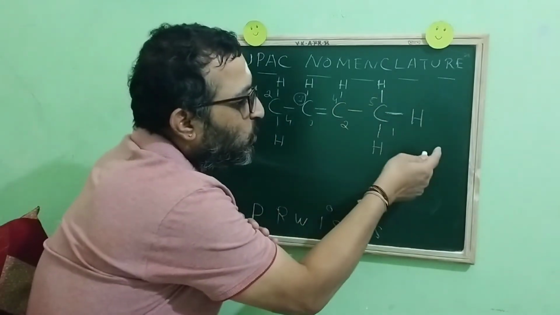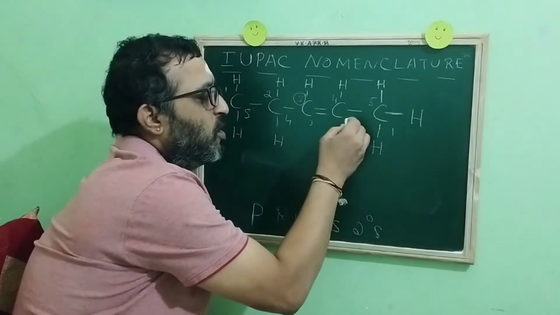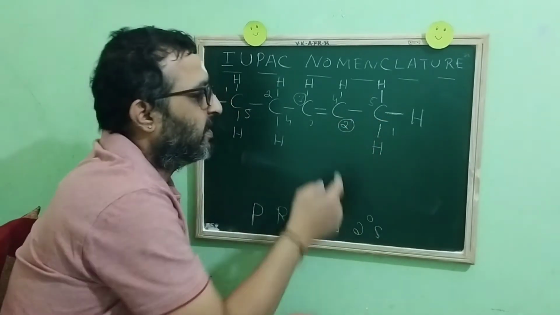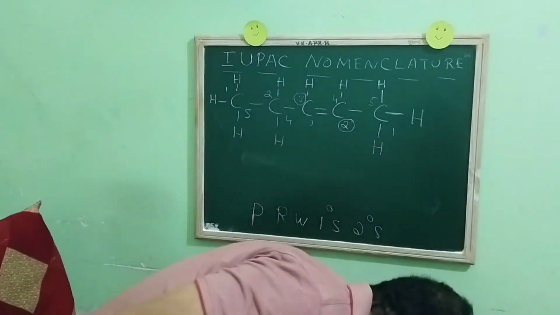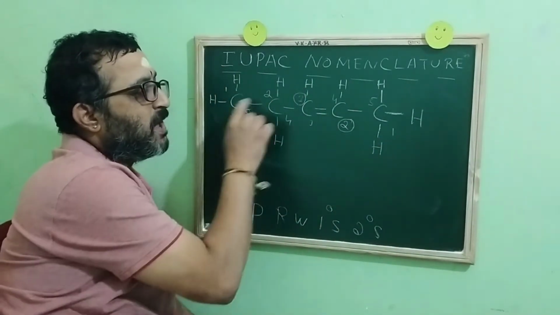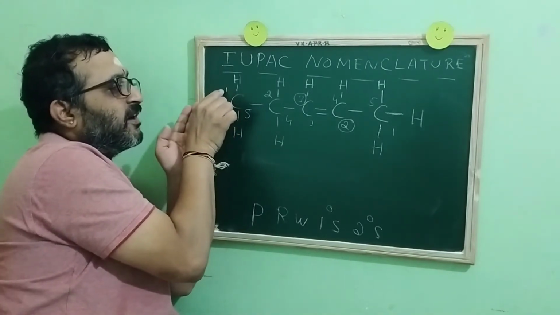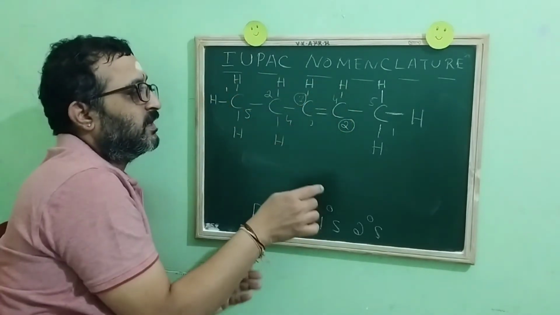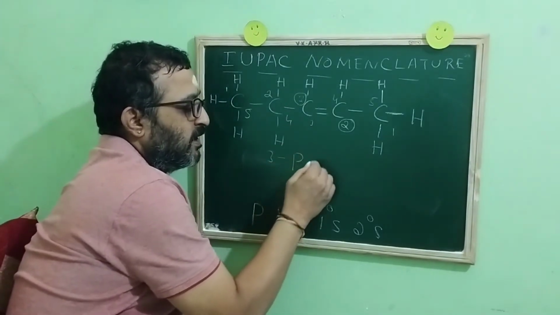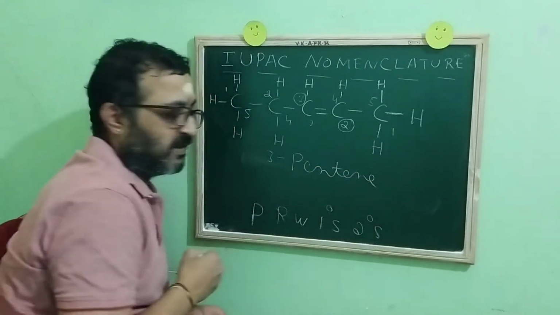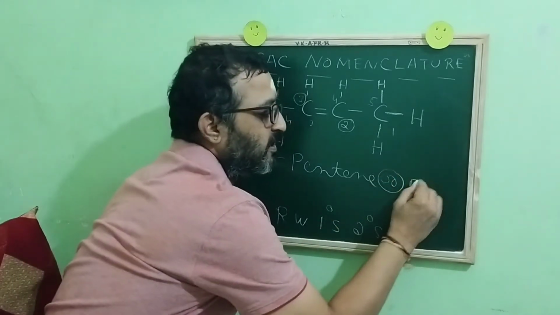Okay. When I do the numbering from right side, first come first serve. Double bond belongs to which carbon? Obviously, it belongs to second carbon, not the third carbon. Now, children, based on this numbering, I will consider the numbering from left to right. Then the double bond belongs to third carbon and the name of the compound will be what, children? 3-pentene, or we can also write what, children?